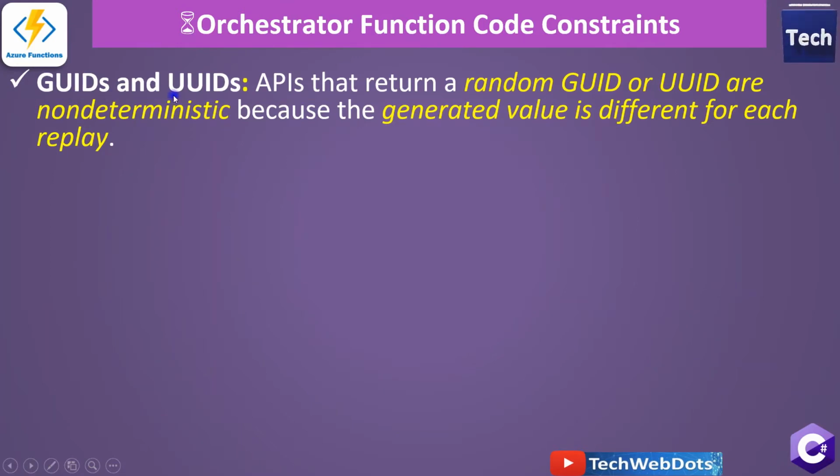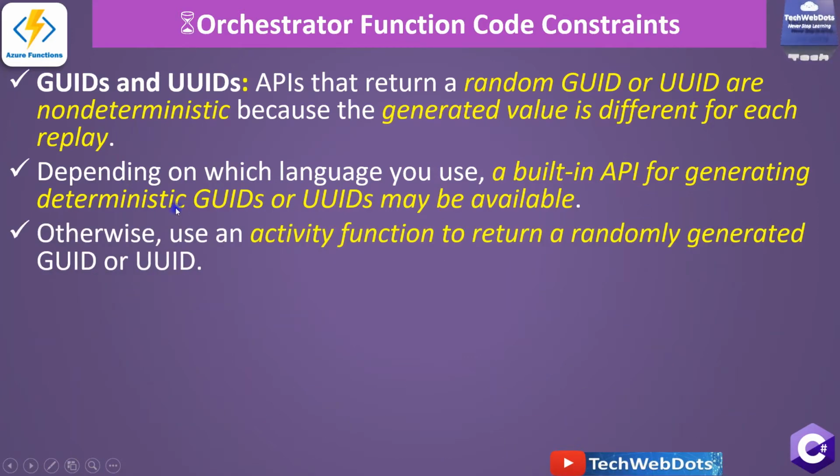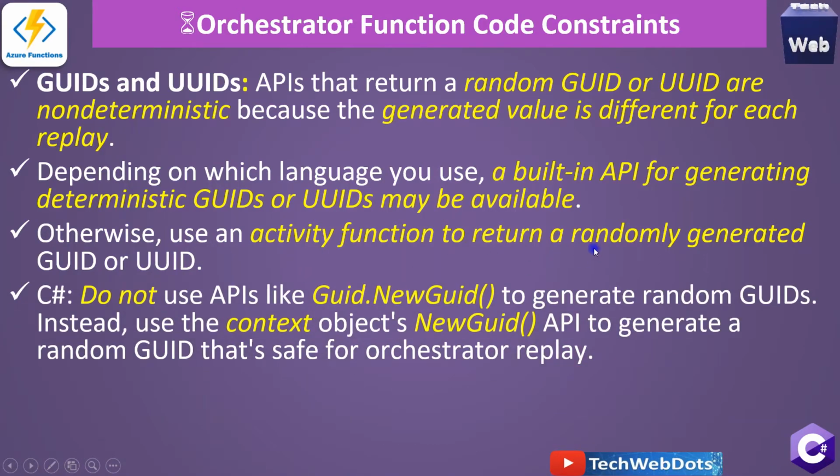Now GUIDs and UUIDs. APIs that return a random GUID or UUID are non-deterministic because the generated value is different for each replay. Depending upon which language you use, a built-in API for generating a deterministic GUID or UUID may be available. Otherwise, use an activity function to return a randomly generated GUID or UUID, because those values can be saved and can work in replay in the expected manner.